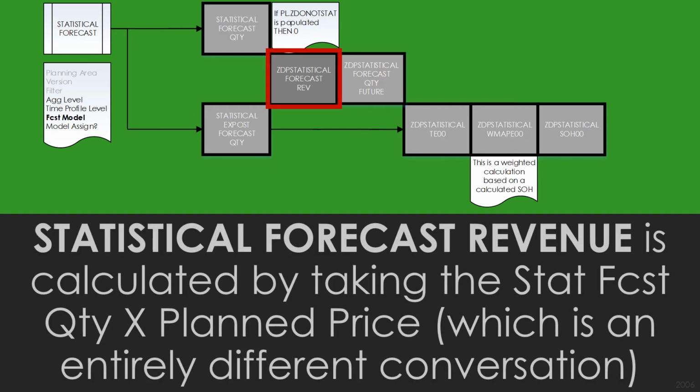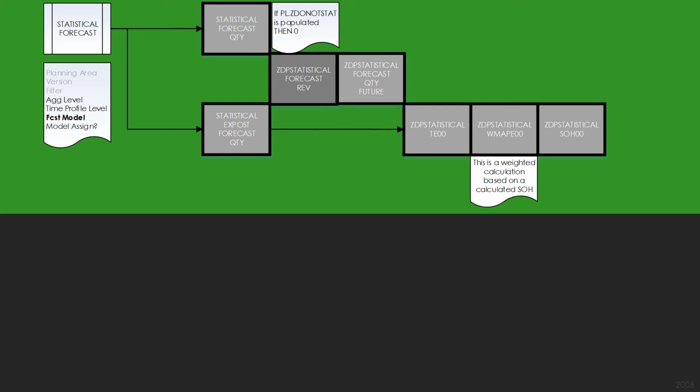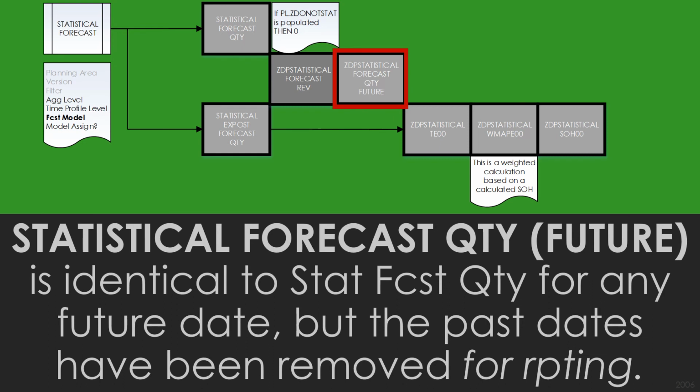Statistical forecast revenue is calculated by taking the statistical forecast quantity times the planned price, which is an entirely different conversation. Statistical forecast quantity future is identical to stat forecast quantity for any future date, but the past dates have been removed for reporting.